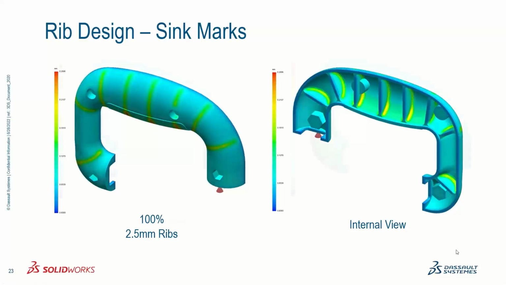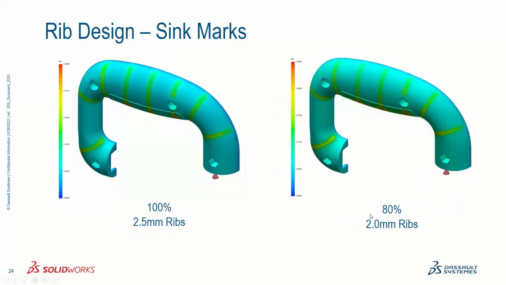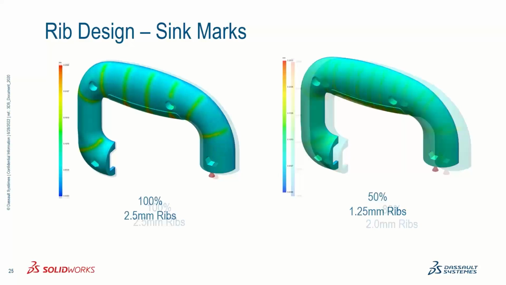Now, for the same rib design, if you were to modify the rib design such that the base of the rib is now, say, 80% of the nominal wall, or 2 millimeters, and if you look at the sink mark result now, it's definitely improved compared to before.